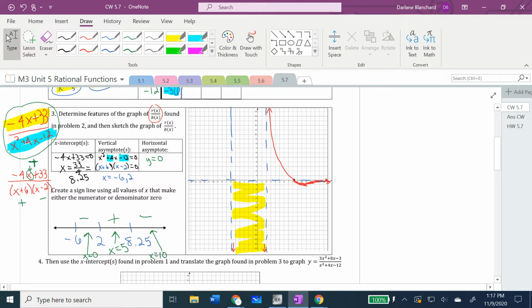For the sake, though, of the fact that we're drawing this, if I plug in 0 for x, my y is 33 over negative 12. So let's see, what is that? That's negative, less than 3. Does that sound good? Negative of something less than 3, between -2 and -3. So somewhere around here-ish.